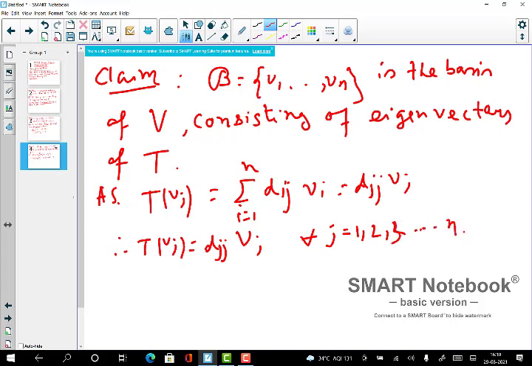This means that these vj's are eigenvectors corresponding to the eigenvalues djj.